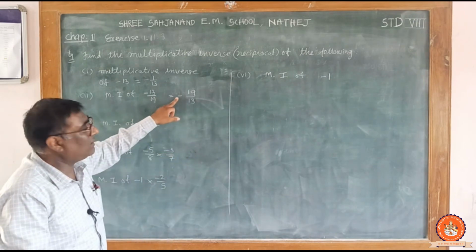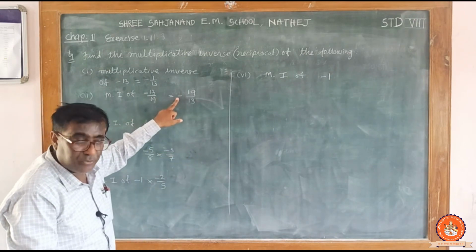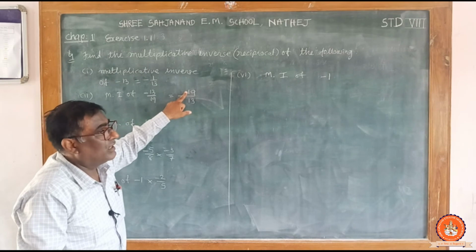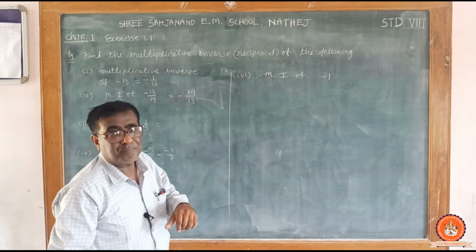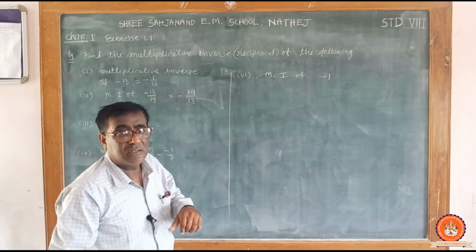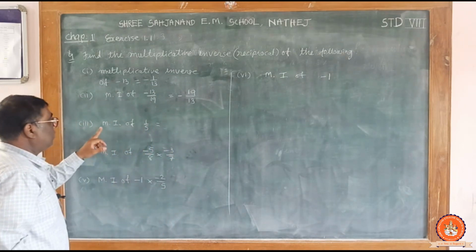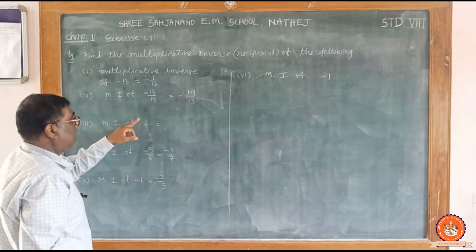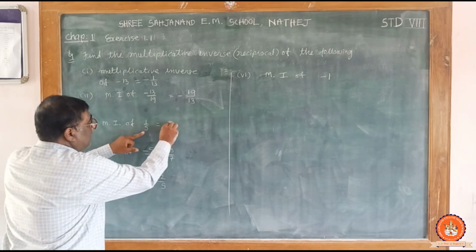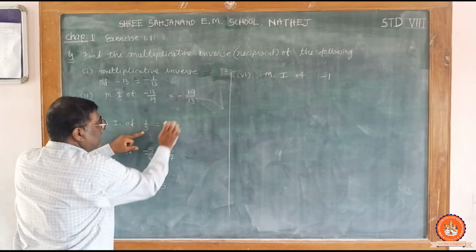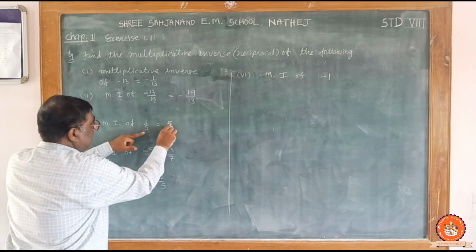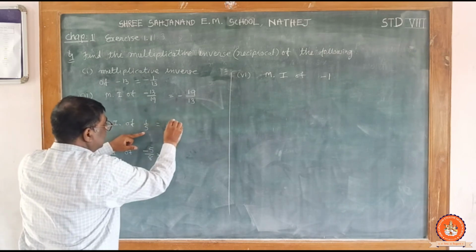Okay, so multiplicative inverse of 1 by 5 will be 5 by 1. So 5 by 1 will be 5.